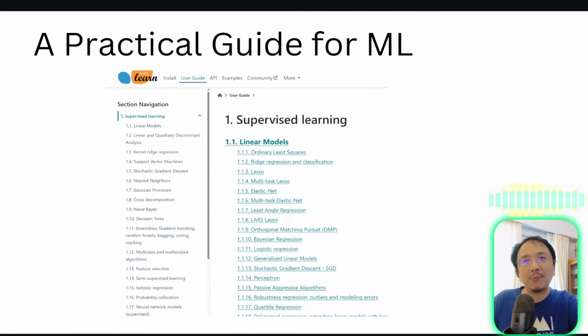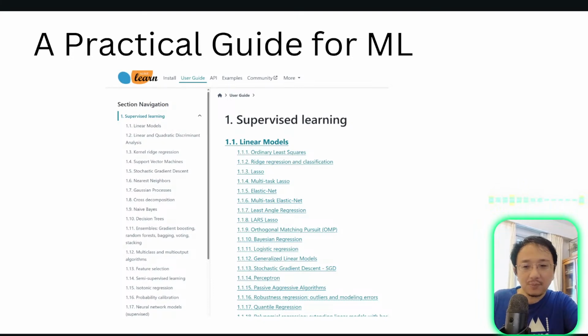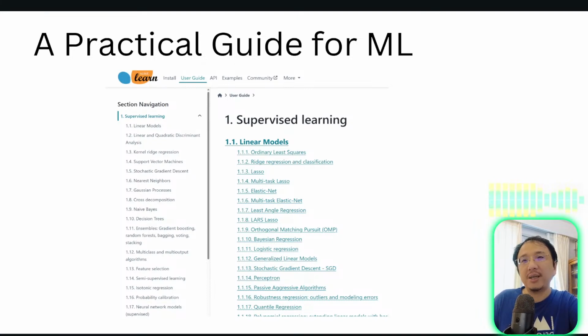It serves as a practical guide for machine learning, because a lot of you might be more interested in deep learning or maybe large language models, and maybe you do not have the patience to learn deeply the traditional or classical machine learning materials.